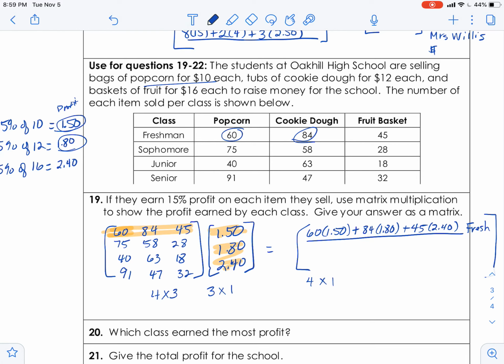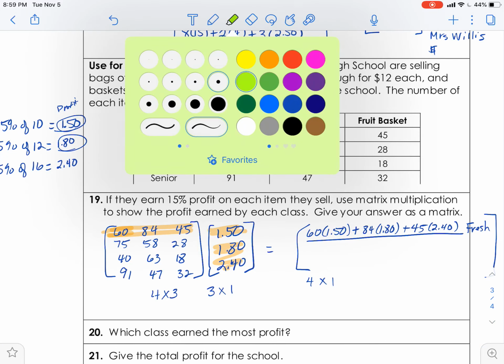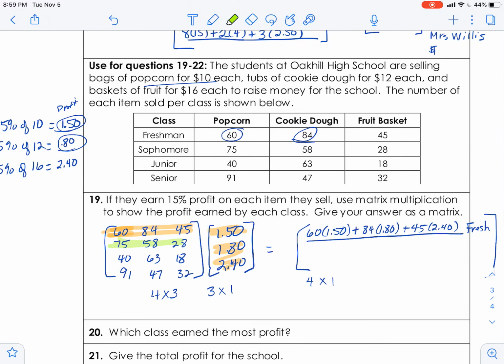And then I'm going to continue this on, and now I'm going to do my sophomore class, how much they sold, and the profit they made. So that's going to be your next line item. And that's your sophomores.